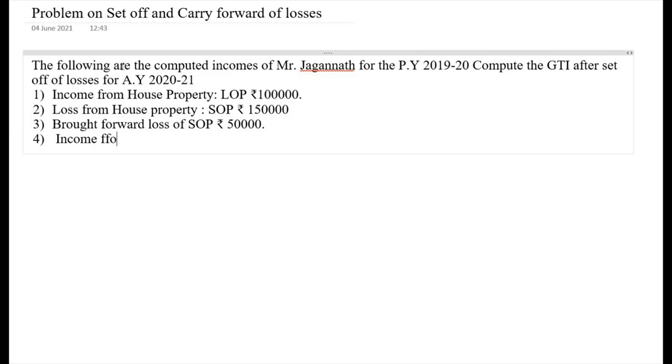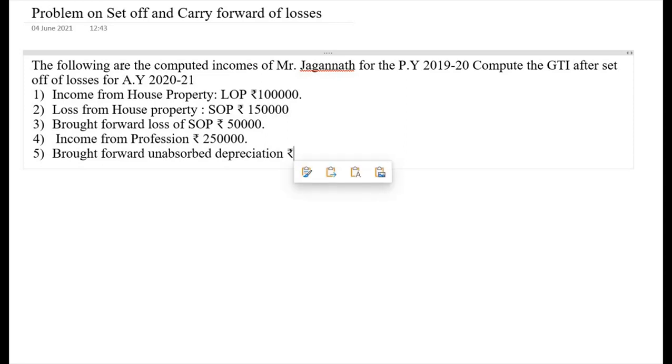Income from profession rupees 2,50,000. Brought forward unabsorbed depreciation rupees 25,000.